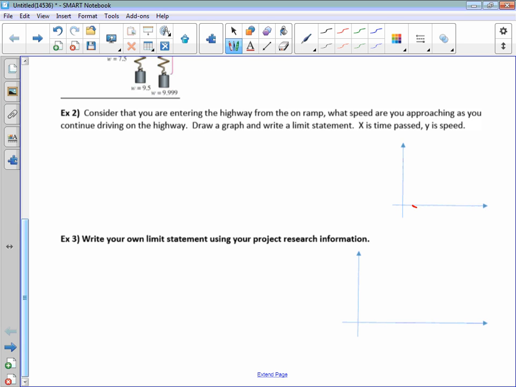So we're going to have time on our x-axis, and our speed on our y-axis up here. So if you're getting on an on-ramp to get on the highway, what's happening with the speed of your car? You're accelerating. Right.